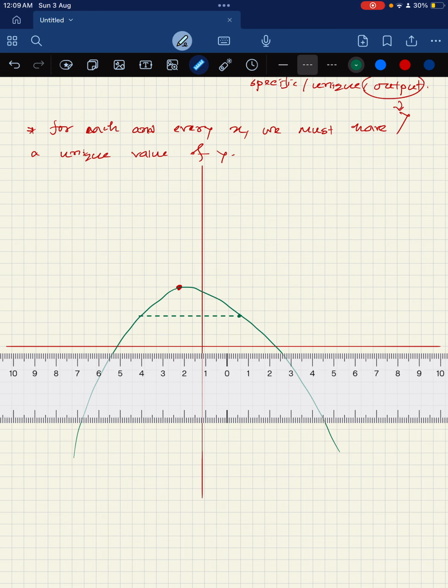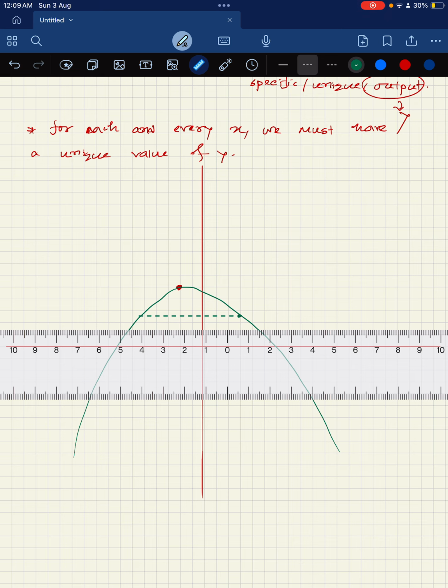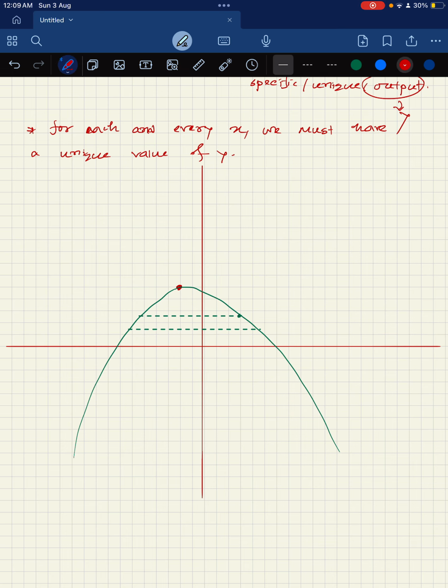You'll get many points in which the x values are different but you are getting similar y values. I'm just showing 2 points here. This point and that point both have different x but the same y. So it's not a one-to-one function, so it does not have an inverse.